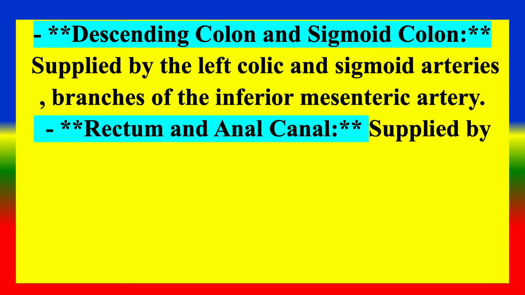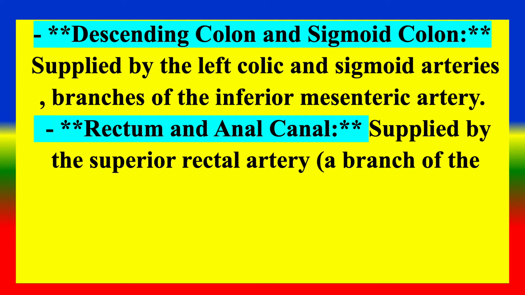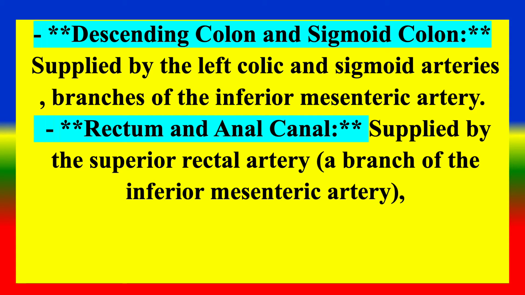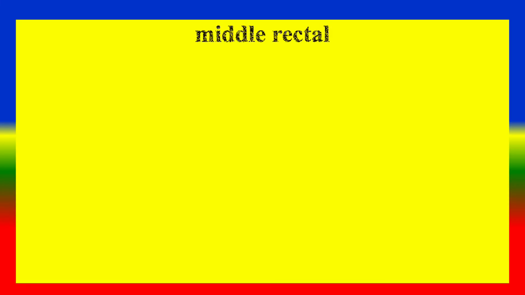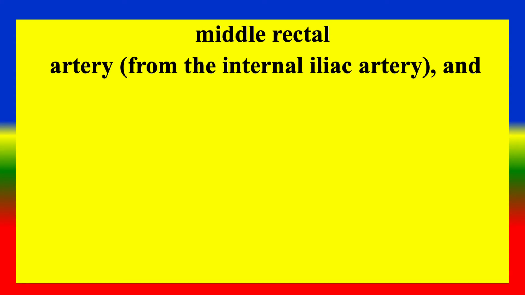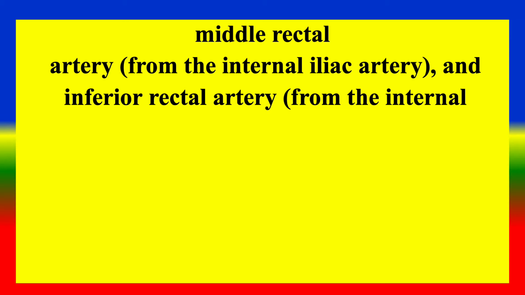Rectum and anal canal supplied by the superior rectal artery, a branch of the inferior mesenteric artery. Middle rectal artery from the internal iliac artery and inferior rectal artery from the internal pudendal artery.